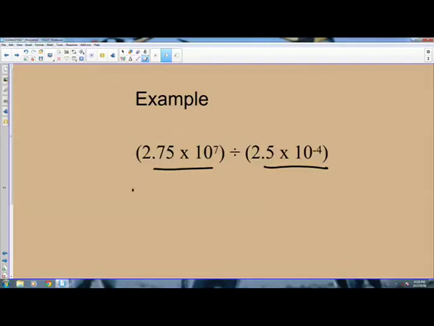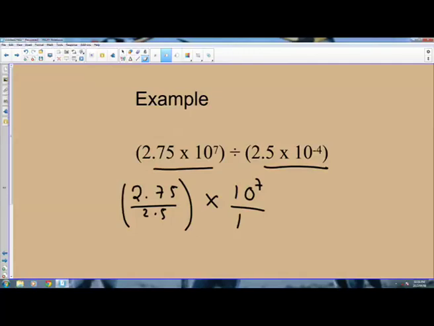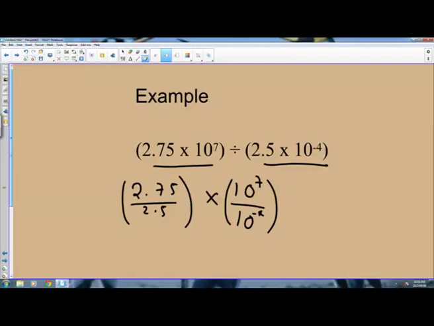So this will be 2.75 divided by 2.5 times 10 to the power 7 divided by 10 to the power negative 4. We are grouping the numbers and then the powers of 10 together there.